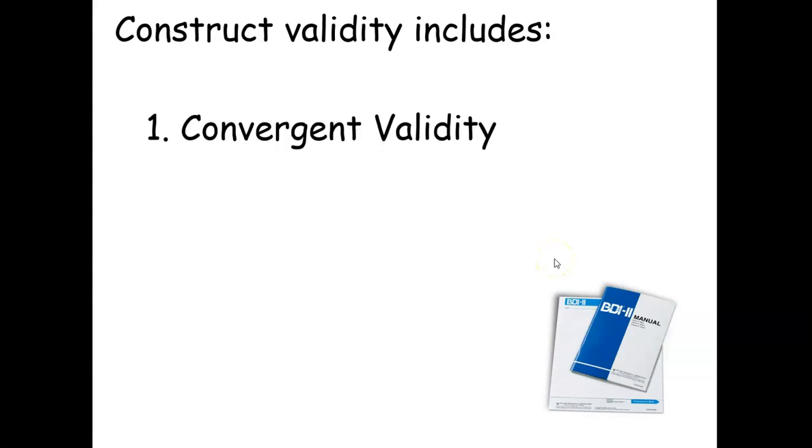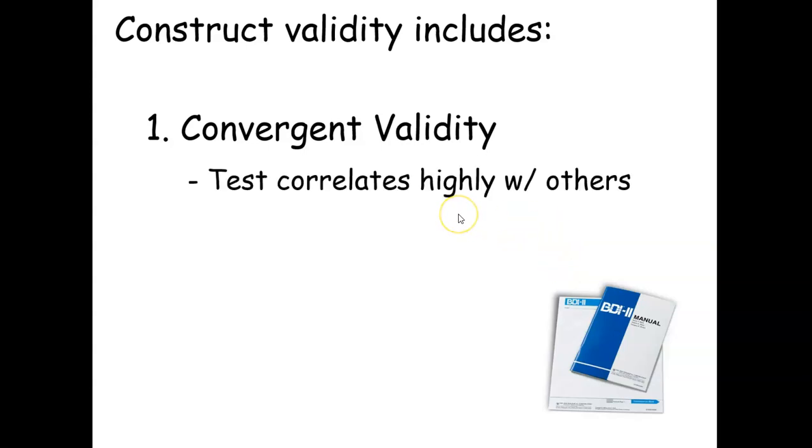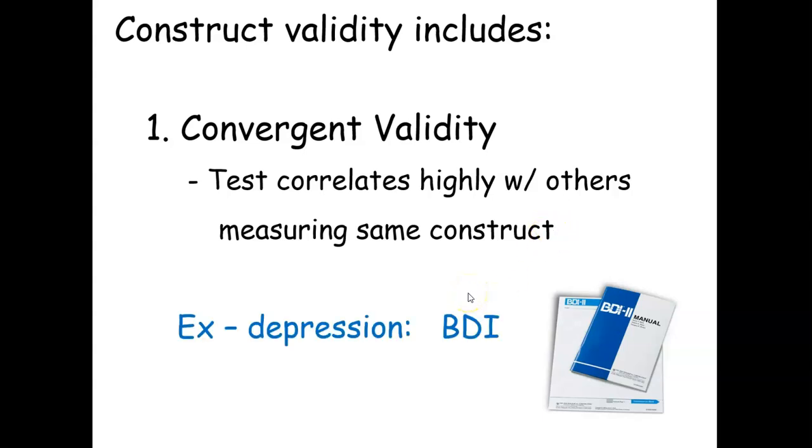So construct validity is going to include something called convergent validity, where the test that we have come up with is going to correlate highly with others measuring the same construct. If you have a new test that measures depression, we're going to want to give people your test along with some other standard tests of depression, the Beck Depression Inventory, the Beck Hopelessness Scale.